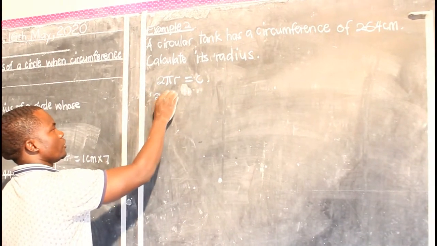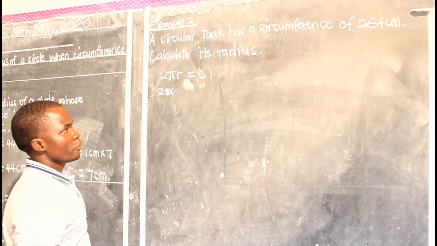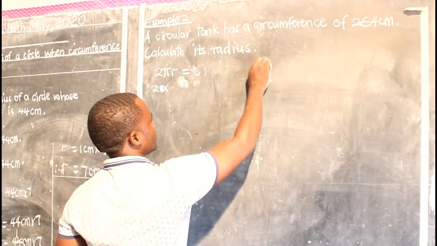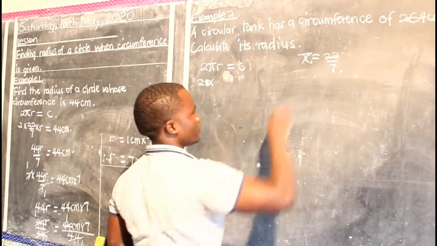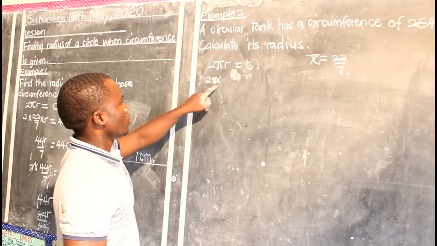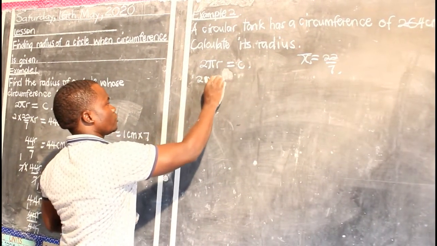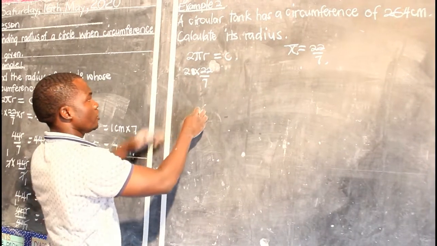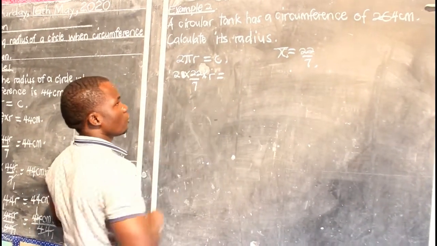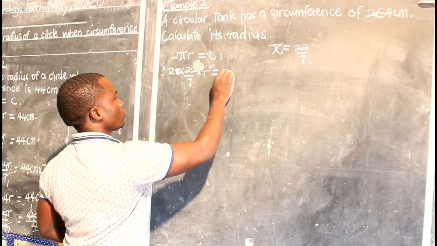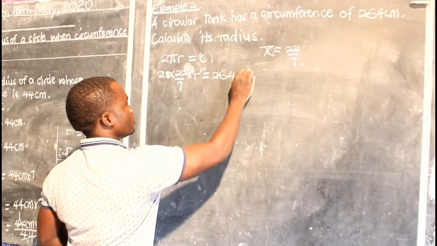This is now 2 times the pi we shall use in this one here, 22 out of 7. So 2 times 22 out of 7. We are looking for r, so it remains the way it is, with the circumference of 264 centimeters.